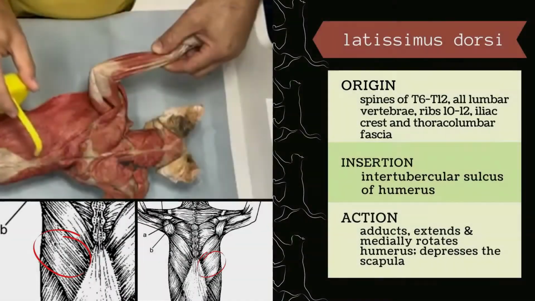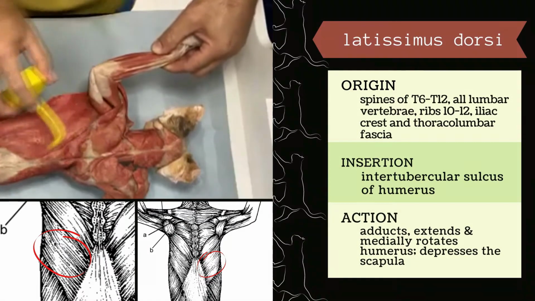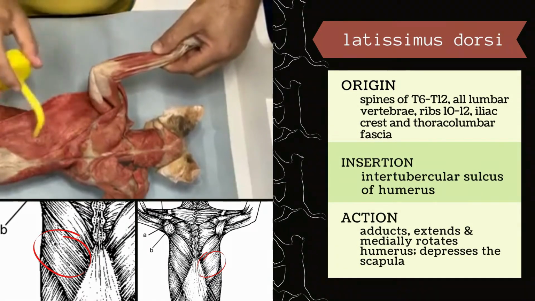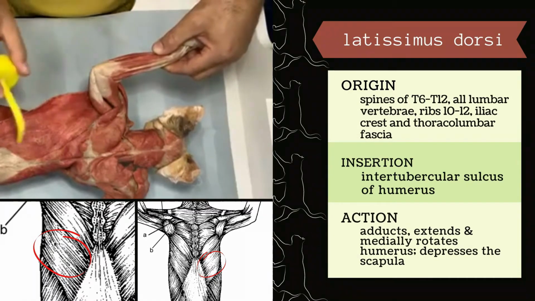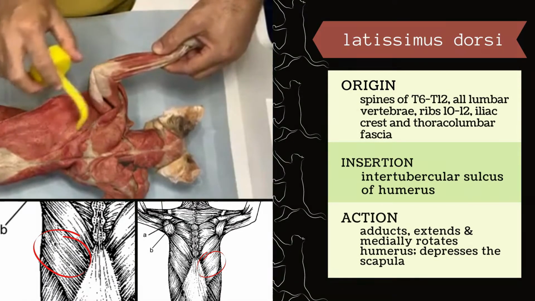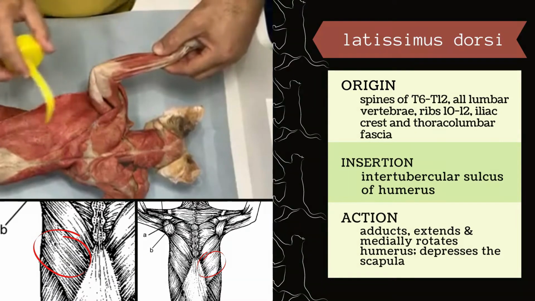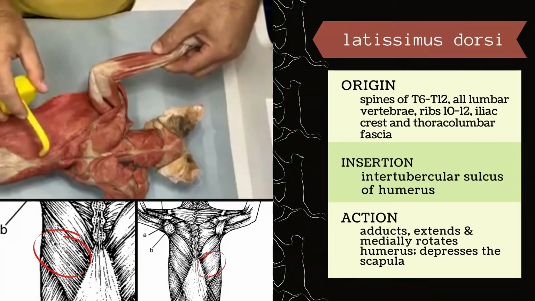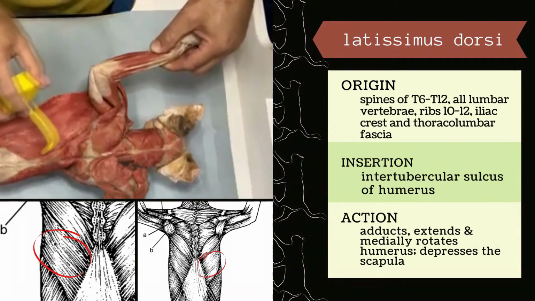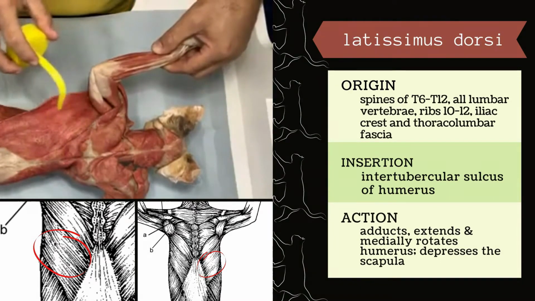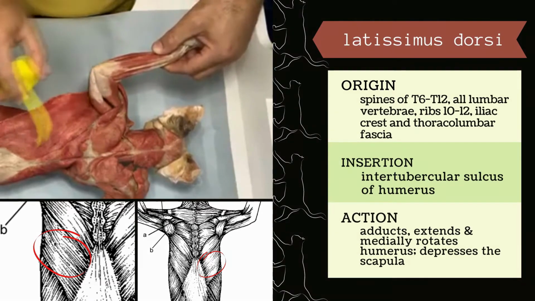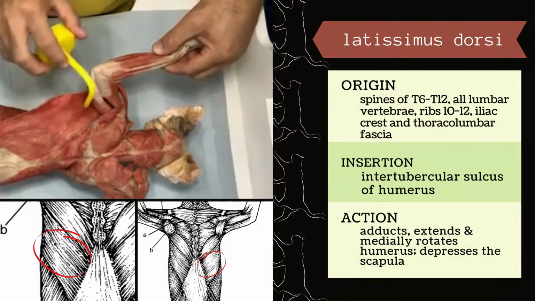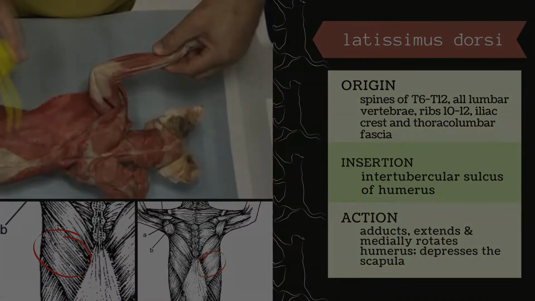This one is the latissimus dorsi. It originates from the spines of T6 to T12, all lumbar vertebrae, ribs 10 to 12, the iliac crest, and the thoracolumbar fascia. It inserts into the intertubercular sulcus of the humerus, and its action is to adduct, extend, and medially rotate the humerus, and depress the scapula.